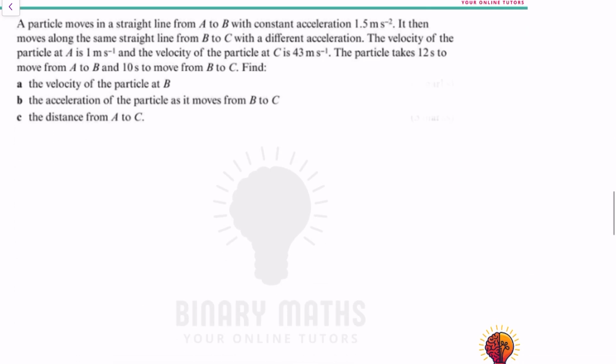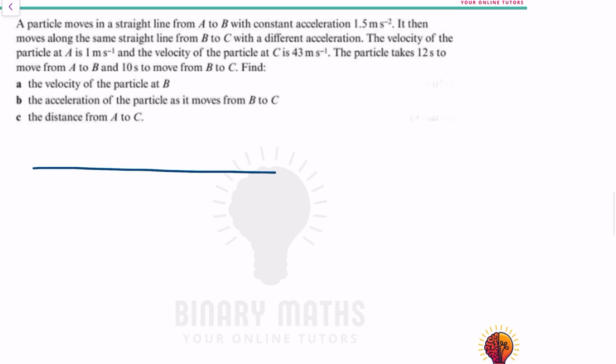A particle moves in a straight line from A to B with constant acceleration 1.5 meters per second squared. So A to B, there is a C as well, A to B to C. So A to B is constant acceleration. I denote acceleration with a double arrow, so it's 1.5. It then moves along a straight line from B to C with a different acceleration.